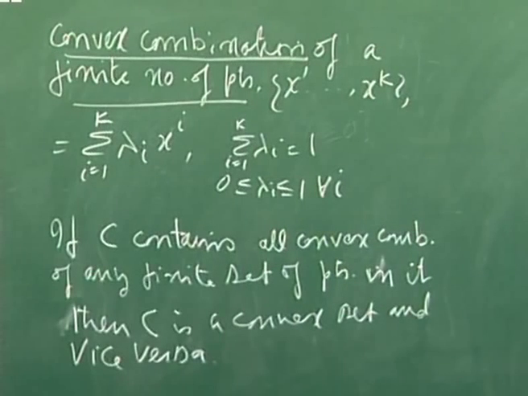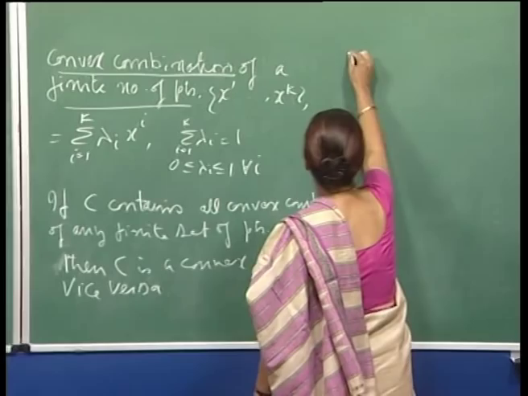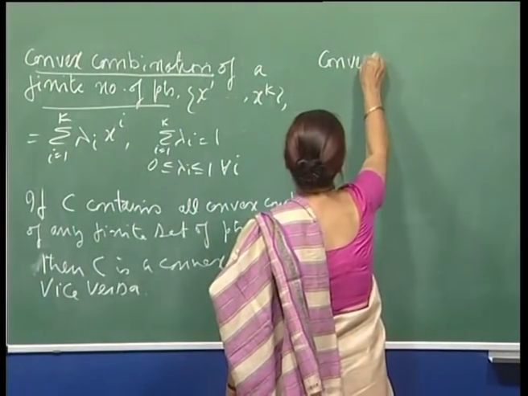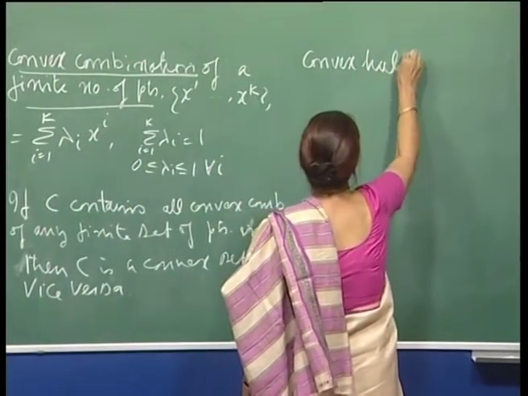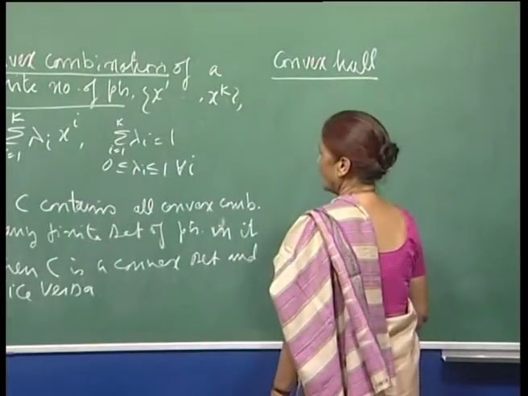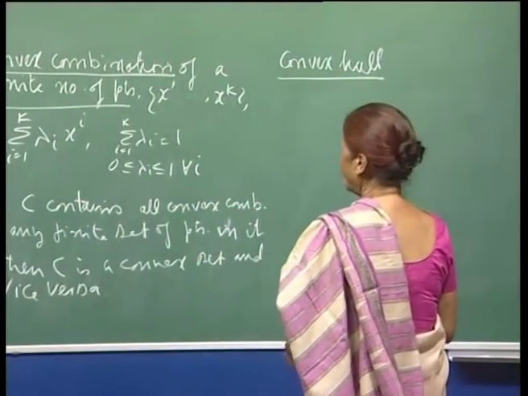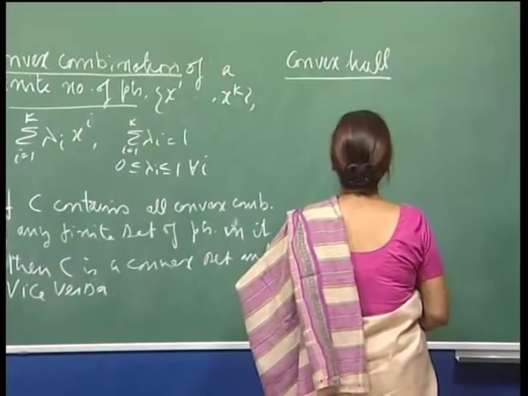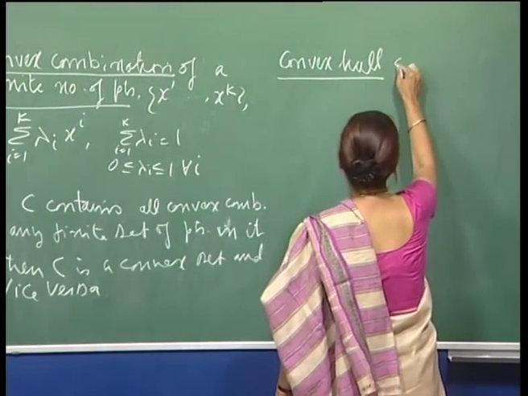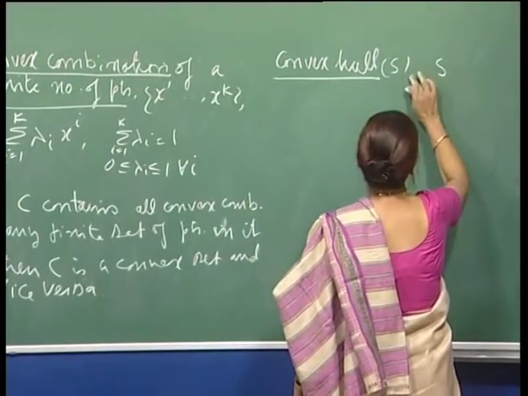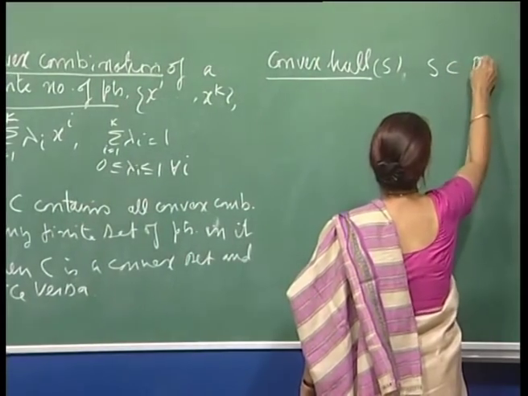Now, let me define another concept, which is the convex hull. So, the convex hull of a set S, where S is in Rn.